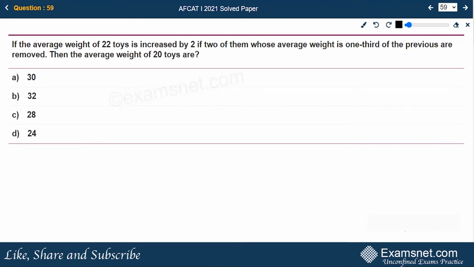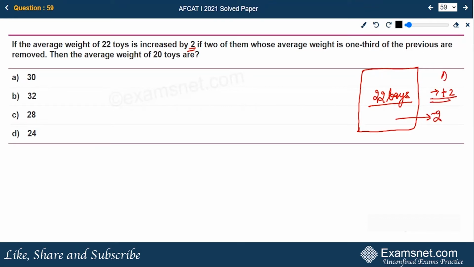This question has a number of things. First of all, there are 22 toys in a box. The average increases by 2 if I remove 2 toys from this box.